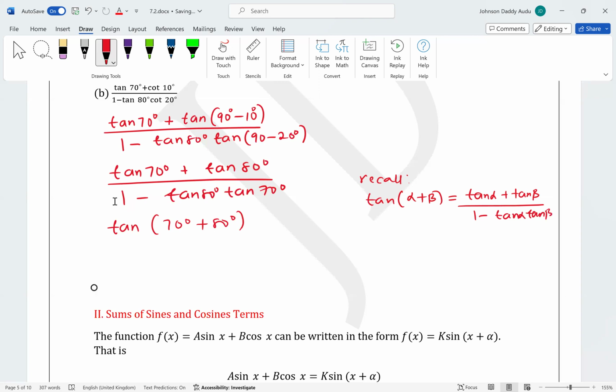All right, so you have tan 70 plus 80, and this is nothing but what? Tan of 150 degree. And what is tan 150 degree?